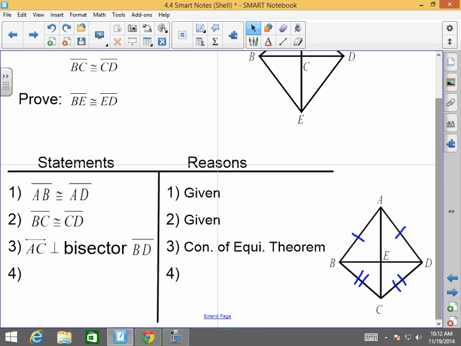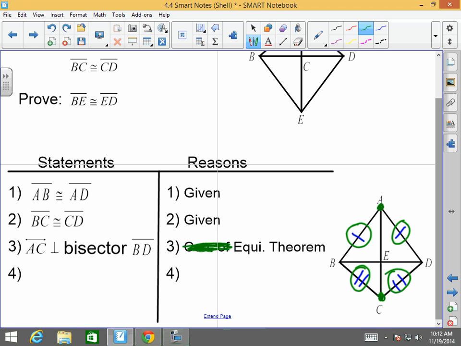Okay, because I have A is equidistant to both B and D. C is equidistant also to both B and D. So AC is the perpendicular bisector of BD. Why? Because of just the equidistant theorem. I'm sorry, I messed up.